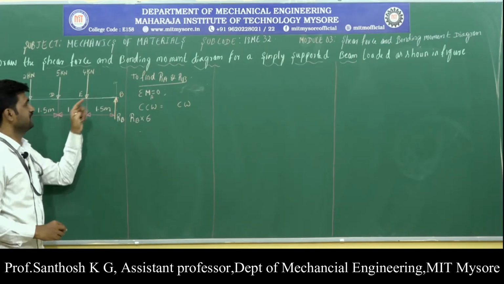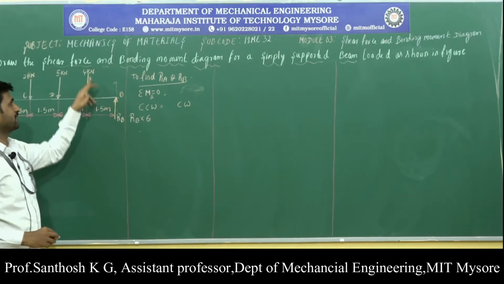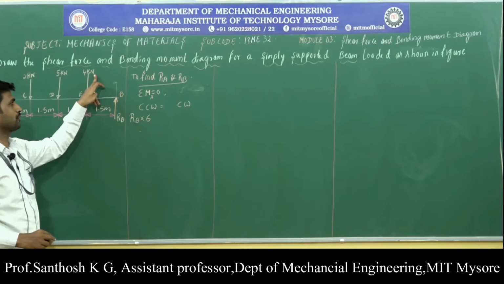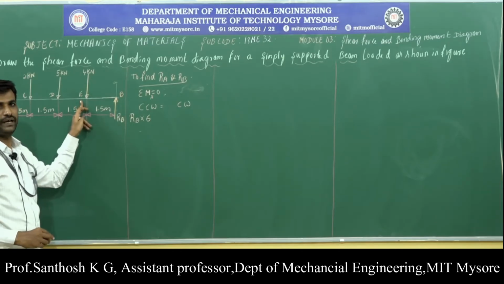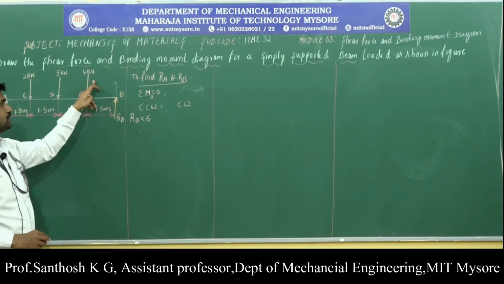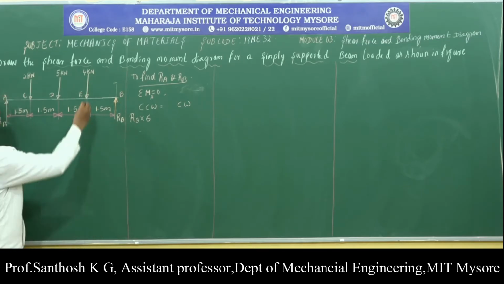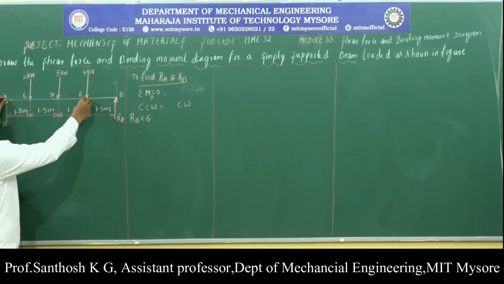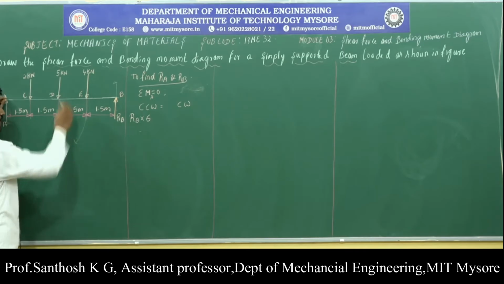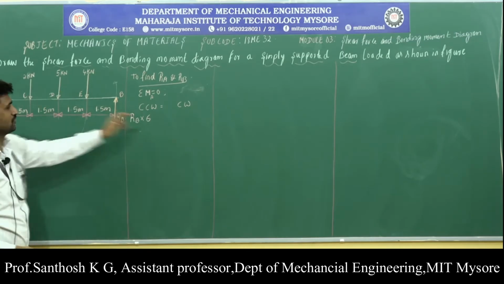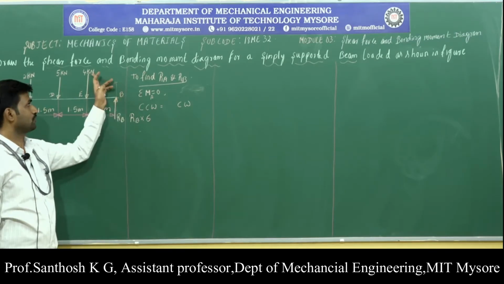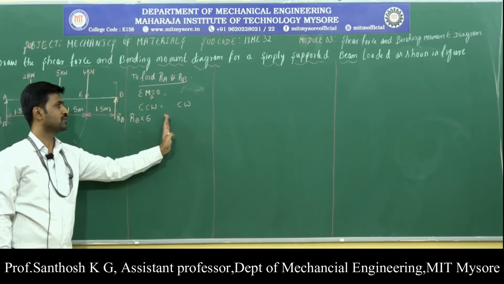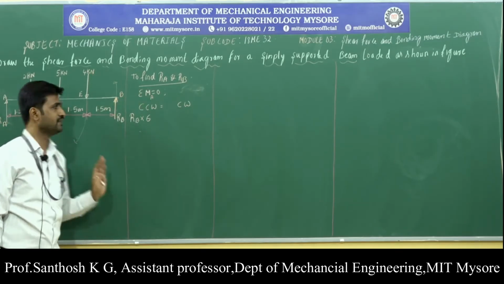Then we shall see what is the moment which will be created by the 4 kilonewton force which is applied at point E. This 4 kilonewton force applied at point E is going to rotate the beam in clockwise direction. So I need to write the moment due to this 4 kilonewton force on the right hand side.